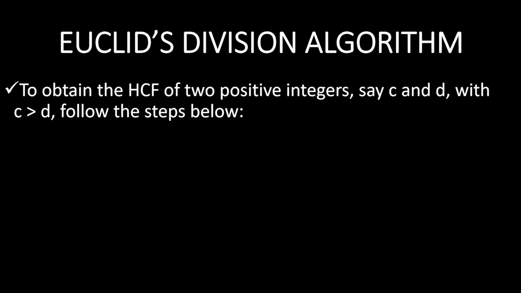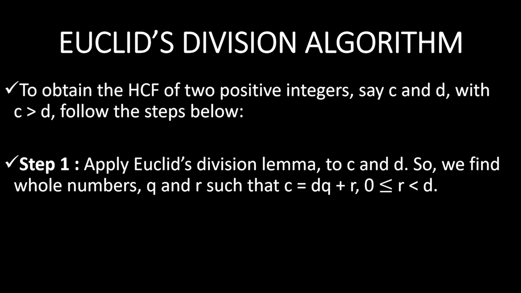So let's discuss all the steps of Euclid's division algorithm. To obtain the HCF of two positive integers, say C and D, with C greater than D, we will follow the steps given. First step will be apply Euclid's division lemma to C and D. So we find whole numbers Q and R such that C is equal to DQ plus R. So C is our dividend here, D is the divisor, Q is the quotient and R is the remainder.